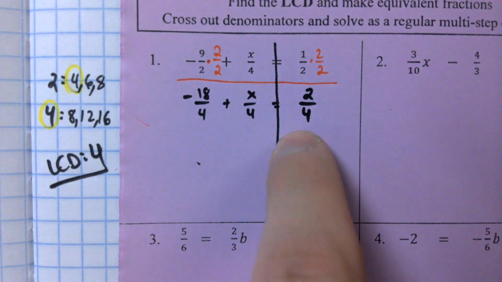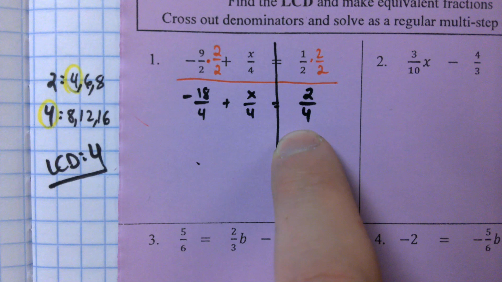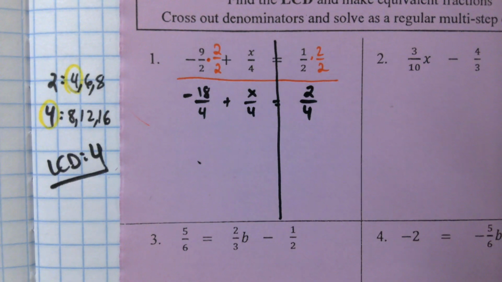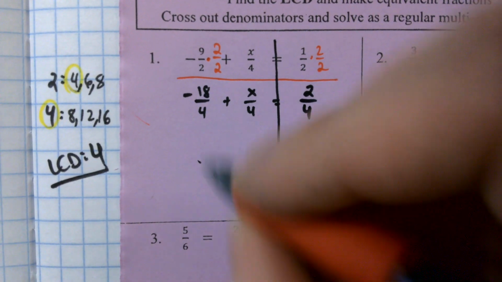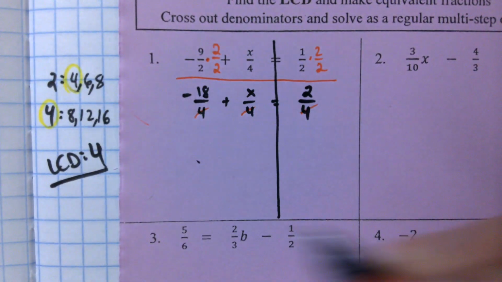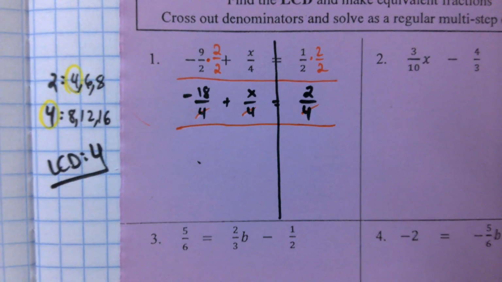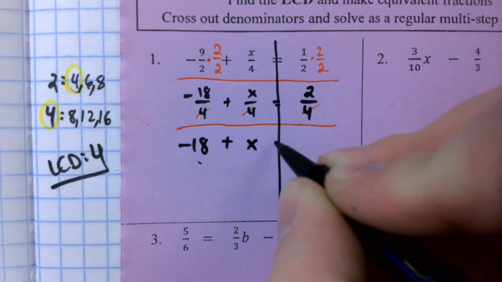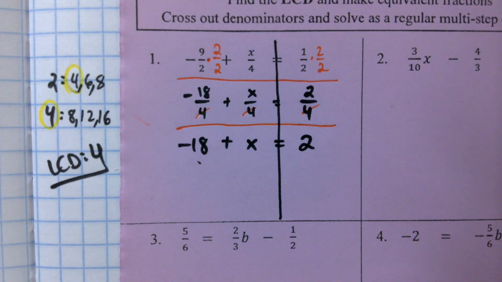So you see 1/2 and 2/4, those are the same thing. All I did was selectively magnify a couple of my terms to get them all on the same scale. Now that all my terms have the same denominator, what can I do with those denominators? Knock them out or cancel them out, so that I'm left with negative 18 plus x equals 2.